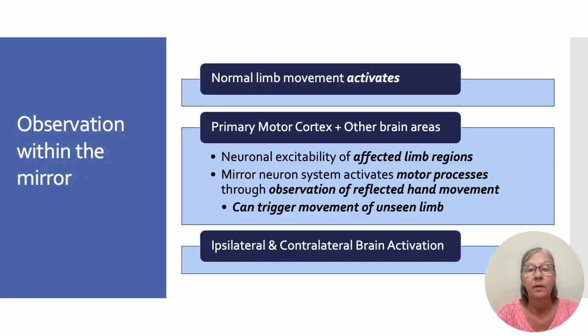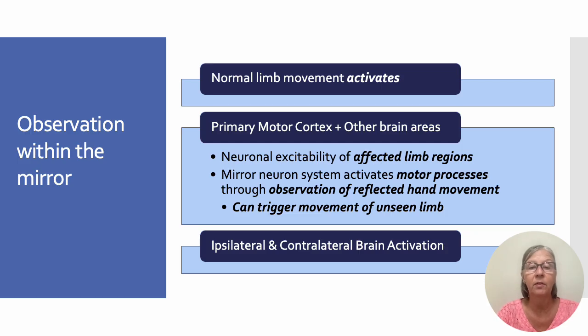We have our client move their normal limb in front of a mirror. They hide the paretic limb either behind the mirror or on their lap. Essentially, it's out of view. And when they move that normal limb in front of the mirror, it activates the primary motor cortex and many other brain areas.